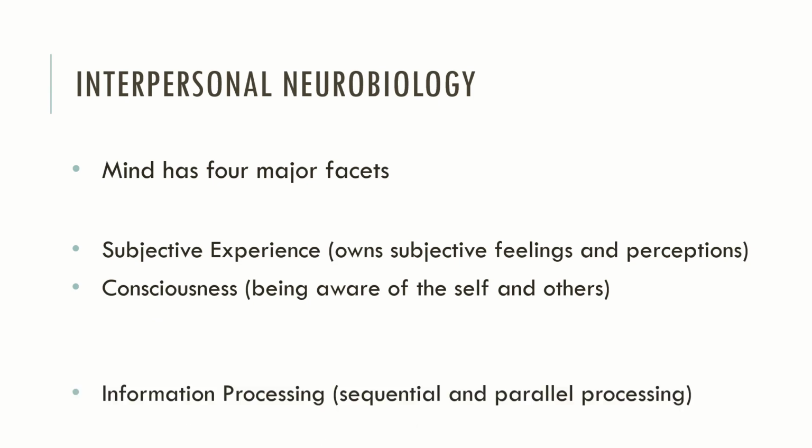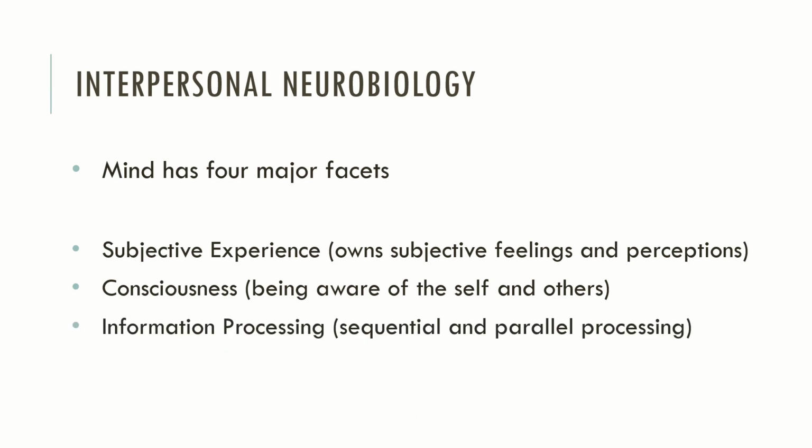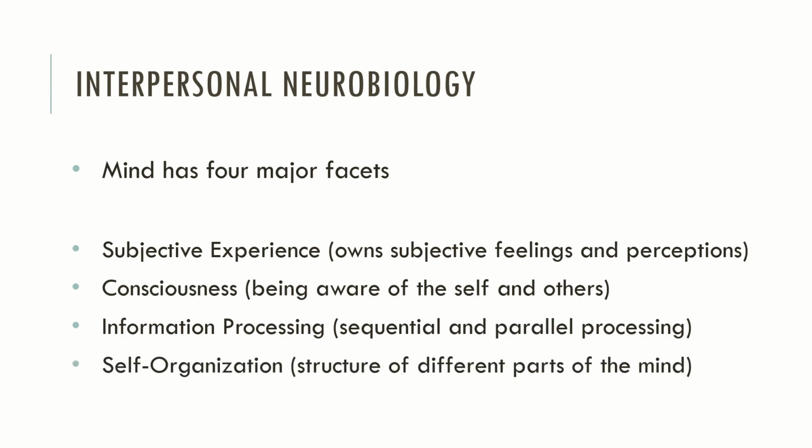Information processing, which is related to sequential and parallel processing of different information from human spheres, such as thoughts, emotions, behavior, or motivations. And self-organization, which is related to the structure of different parts of the mind. So, the mind has these four major areas: subjective experience, consciousness, information processing, and self-organization.